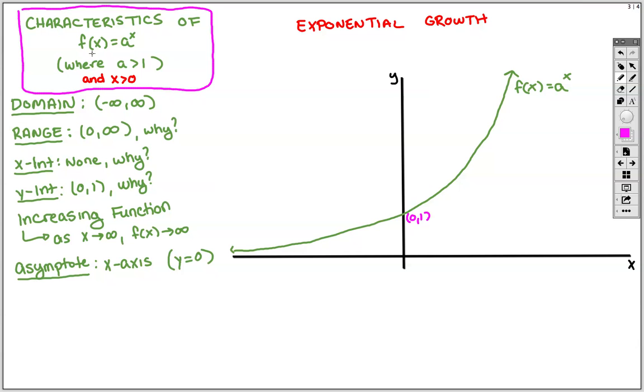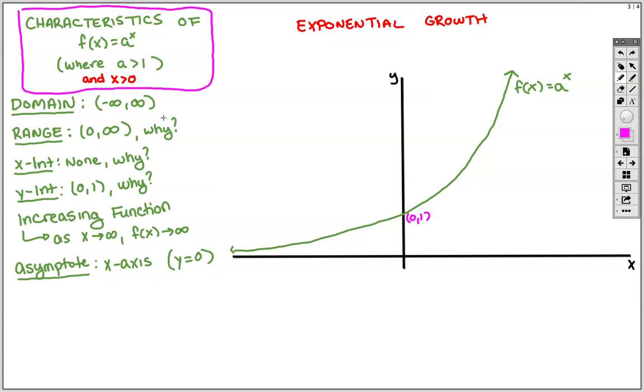So what's the domain of this function? The domain can basically be thought of as all the x values which you can plug in, for which you get a defined value. So a to the x is never undefined. It's defined everywhere, and since it's defined everywhere, the domain is negative infinity to infinity. You can plug in any real number here, and it has a defined output value.